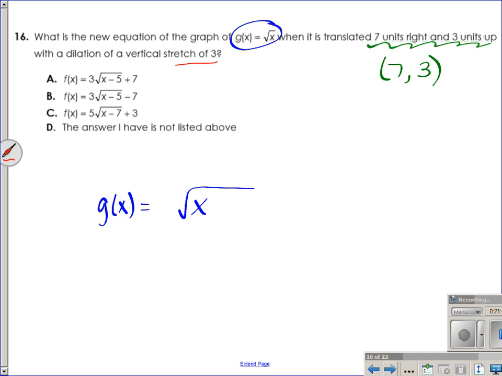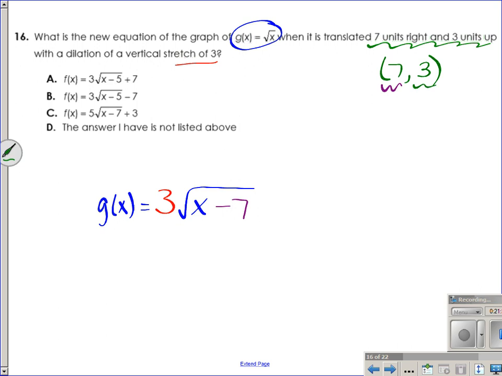So remember, your vertical stretch goes out front. And then your vertex goes in for h and k. So your horizontal shift is always opposite. So since in our vertex it's a positive 7, we're going to put it into the equation as minus 7. And then your vertical shift is the same as what you see.